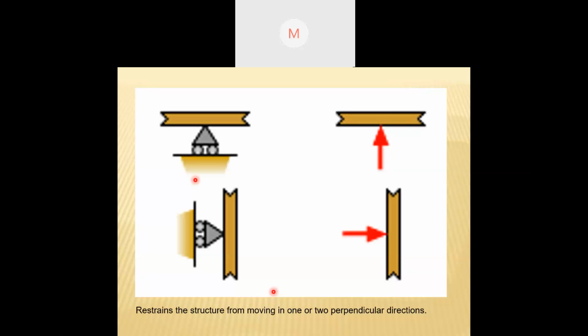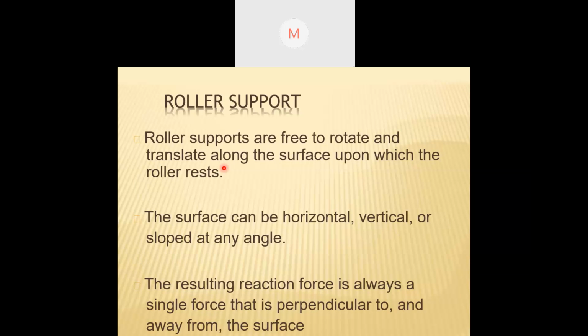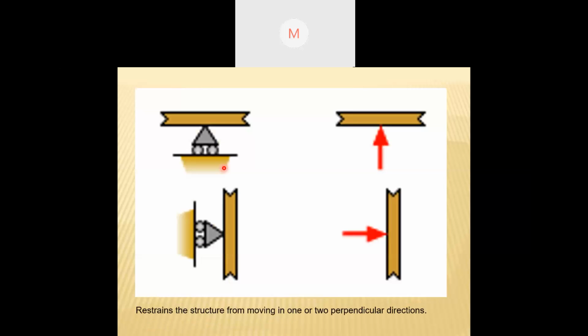The bottom part will give some reaction to the load from the top. If someone is standing on this part, then to counteract this, there will be an opposing force. These two opposing forces will be present, balancing each other. So this is the resulting reaction for roller support.